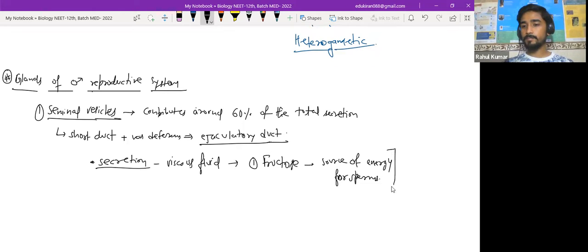In fact, sperms are the only cells in our body that rely on fructose directly to produce energy. All the rest of our cells rely on glucose. Even if there is fructose in our body, we change it into glucose first to use it in respiration. Is it clear?